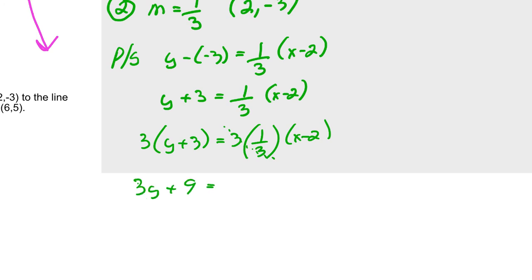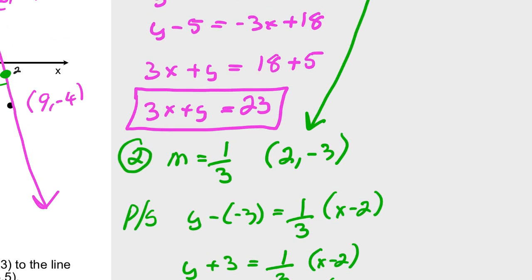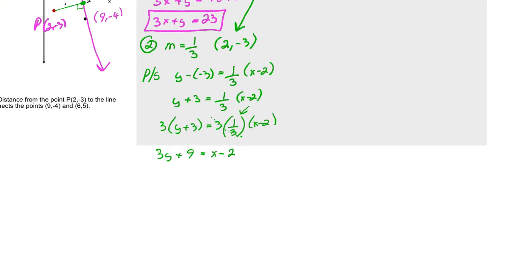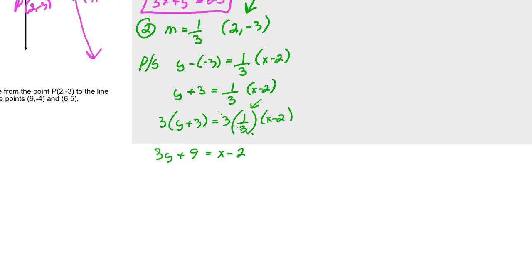Expand the right. There's no need really to write the 1. 1 times anything is exactly what you have, so it becomes x minus 2. I'll put it in the same form as 3x plus y equals 23, so I can then use a system of equations. So I'll bring x across, it becomes -x, leave the -2, bring the 9 across, it becomes negative. And now I have my second equation.